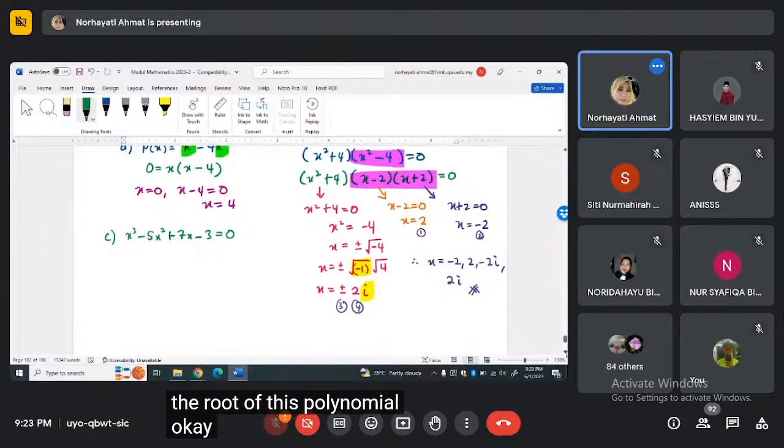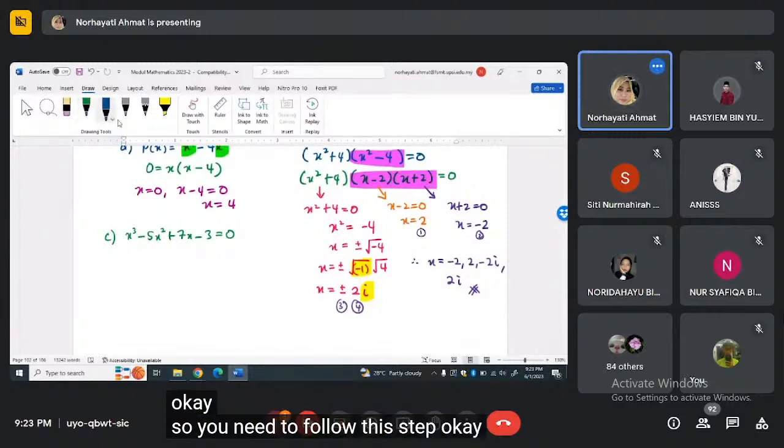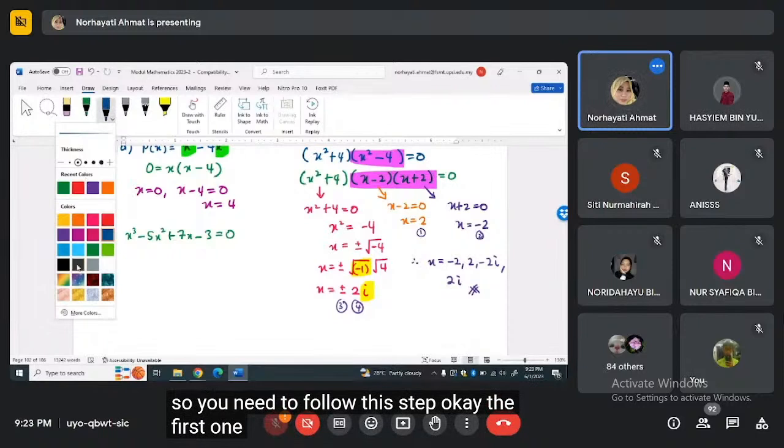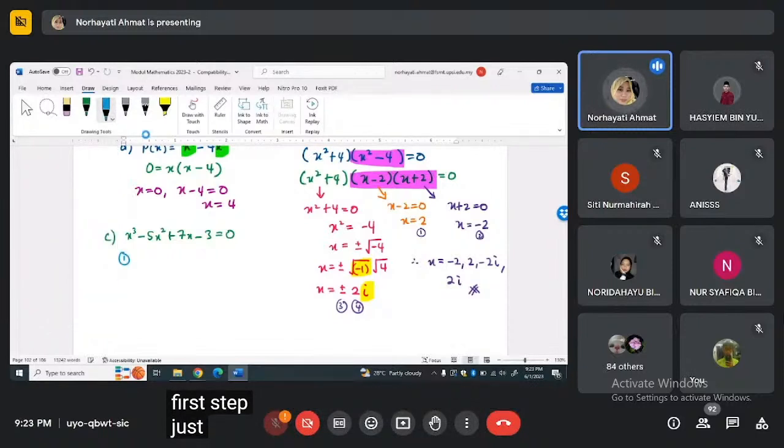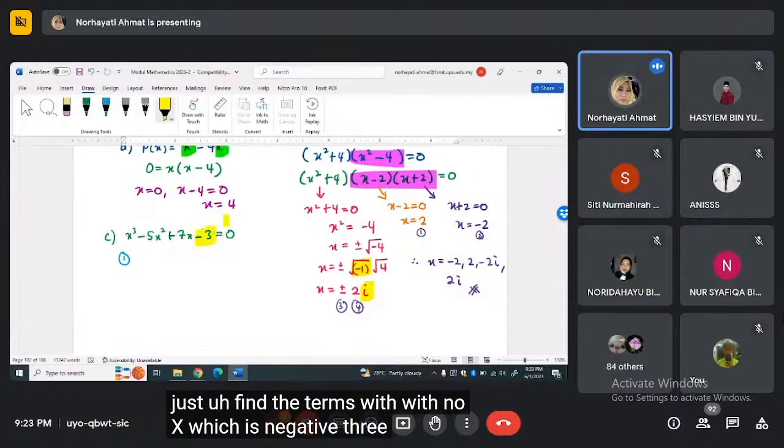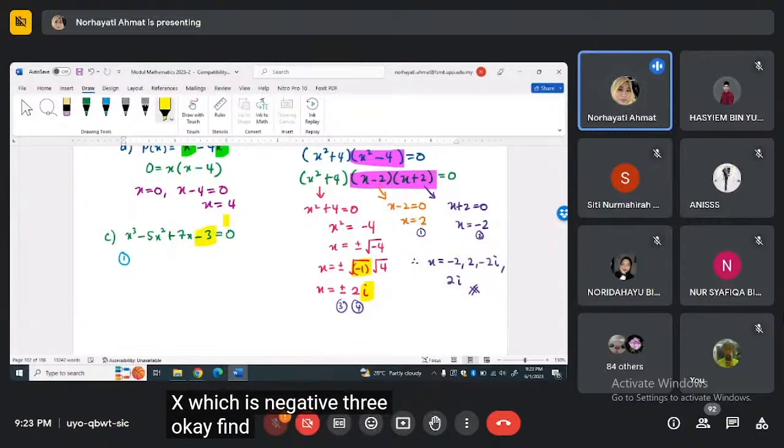Okay, so you need to follow this step. Okay, the first step, just find the terms with no x, which is negative 3. Okay, find the terms with no x.